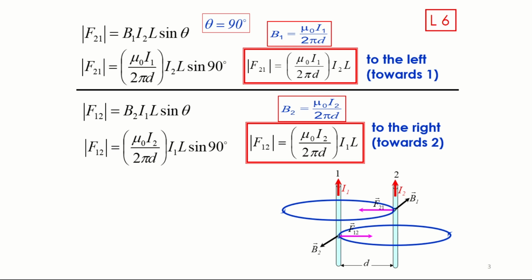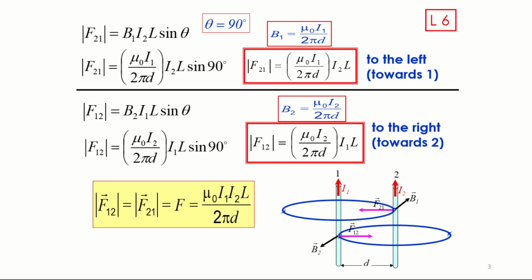So the magnitude of F12 is equal to the magnitude of F21, let's say equal to F. You can write F12 equals F21 equals F equals mu naught I1 I2 L divided by 2 pi D. And the force between F21 and F12 we call attractive force.